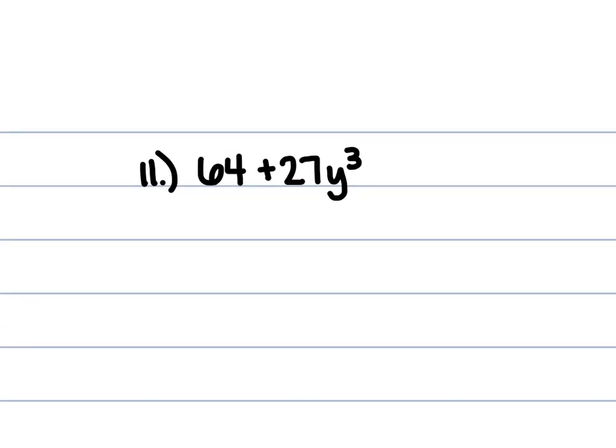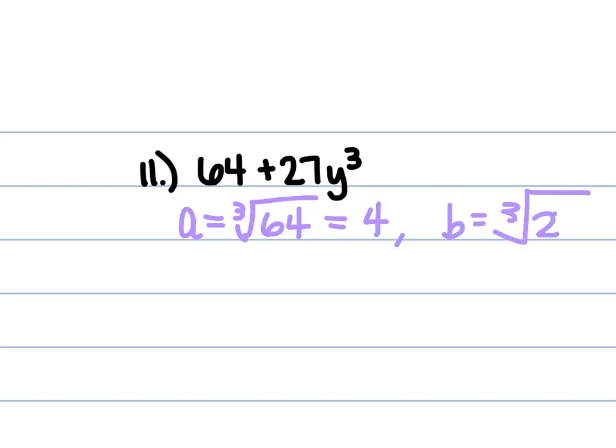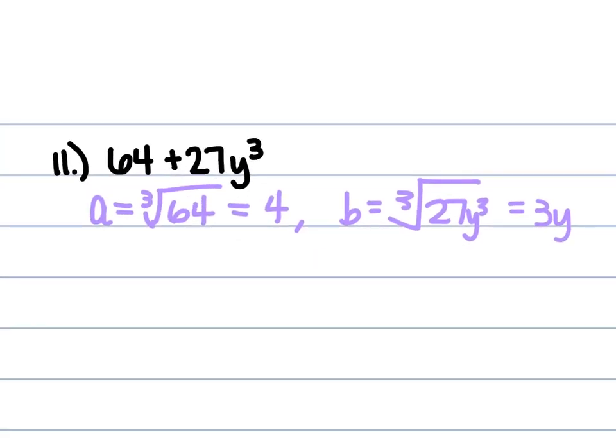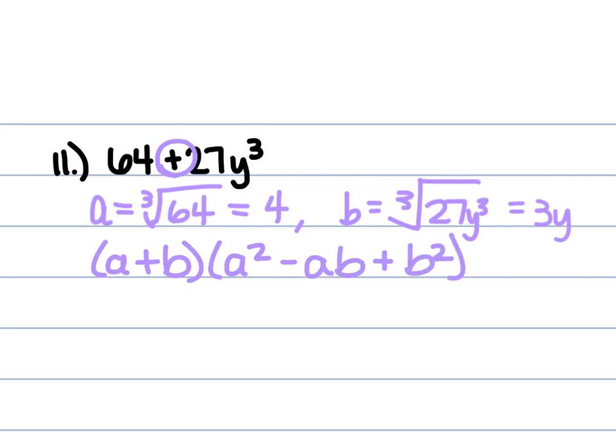For 11, we have 64 plus 27y cubed. We can do a sum of cubes here. So our a is the cube root of 64, which is 4. Our b is the cube root of 27y cubed, which is 3y. Because there is a positive between those two terms, we're going to use a plus b times a squared minus ab plus b squared.